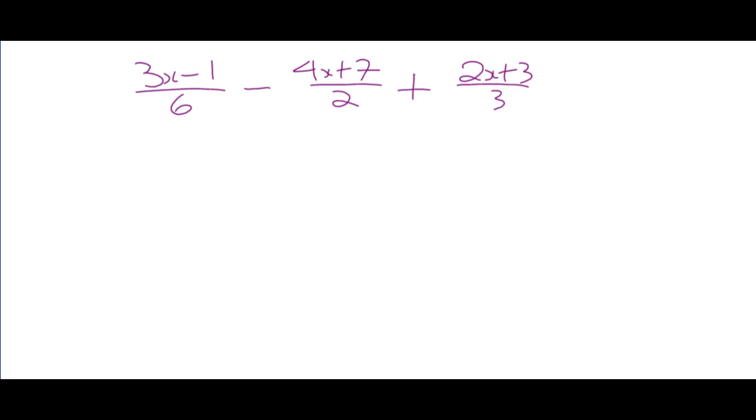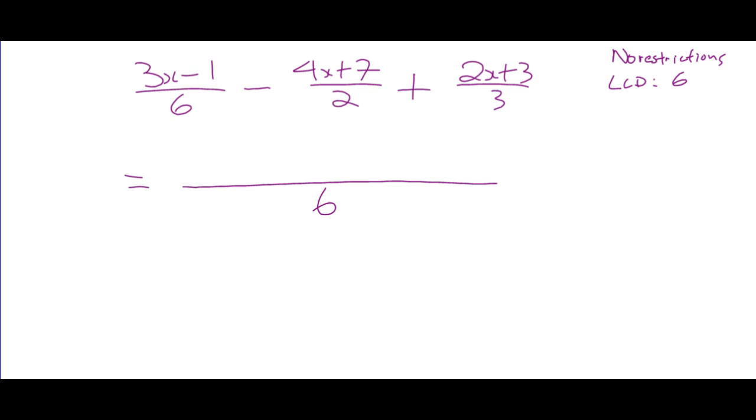No. For there to be a restriction, there has to be a variable in the denominator, some way to make that denominator 0. What's the common denominator? 6. So we figure out there are no restrictions, write that over here, and the lowest common denominator is 6. So we're going to put a 6 down there.